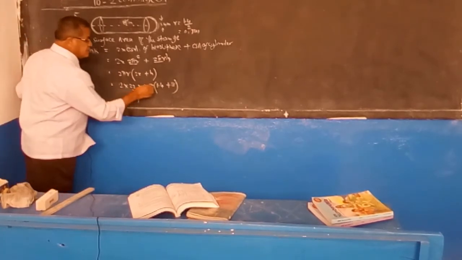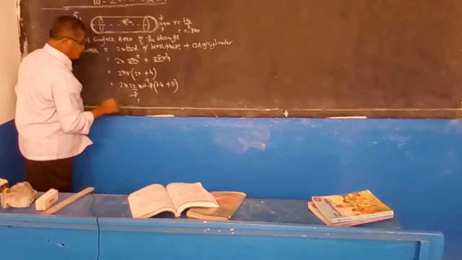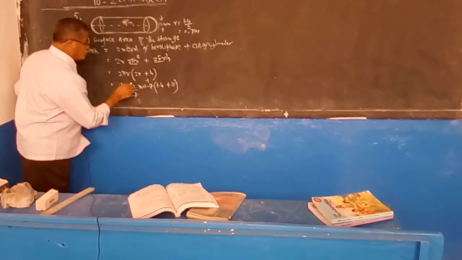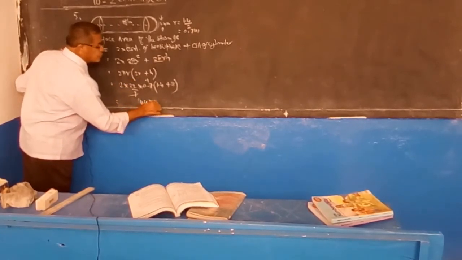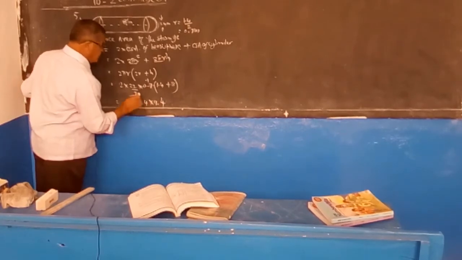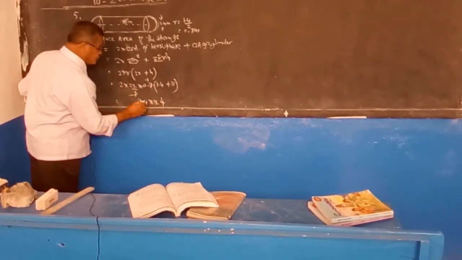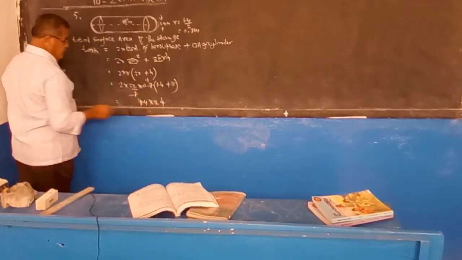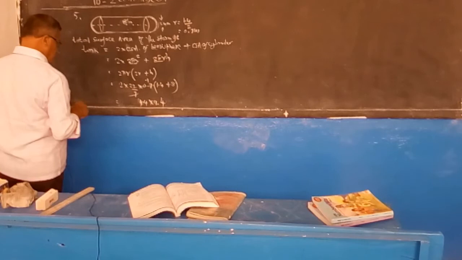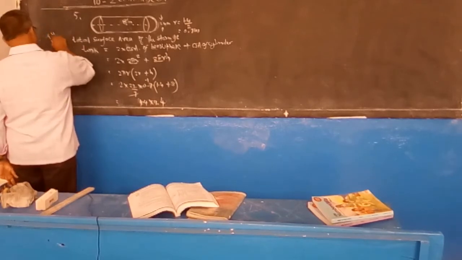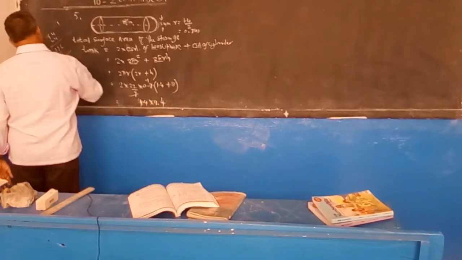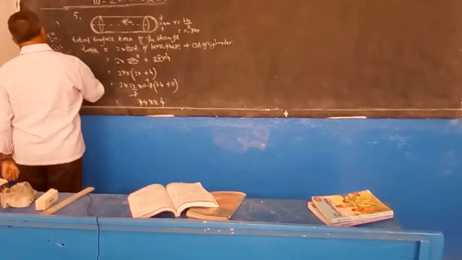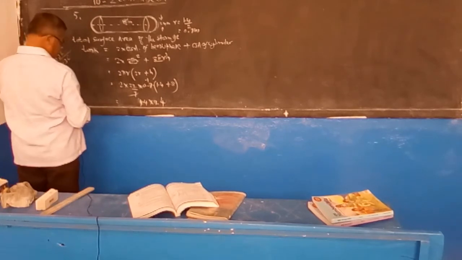Here 7 cancels, 0.1 remains, 44. 22 into 44 into 0.1 is 4.4, into 9.4. 9.4 into 4.4, two decimals.